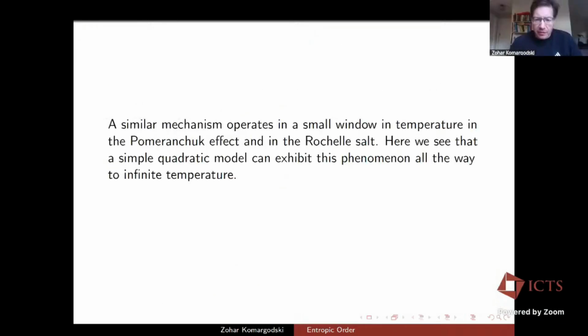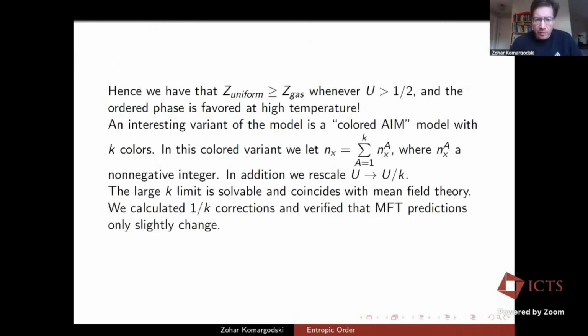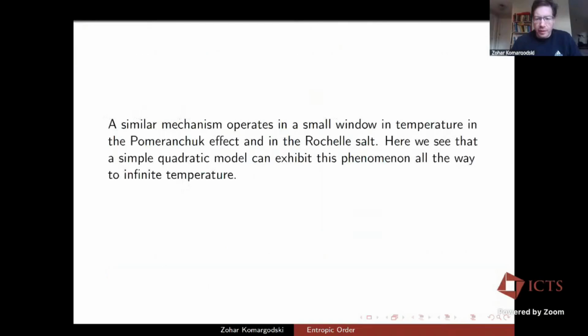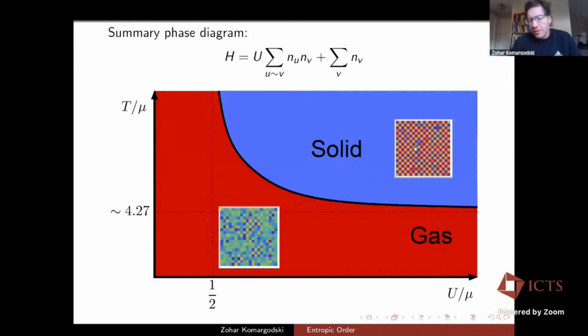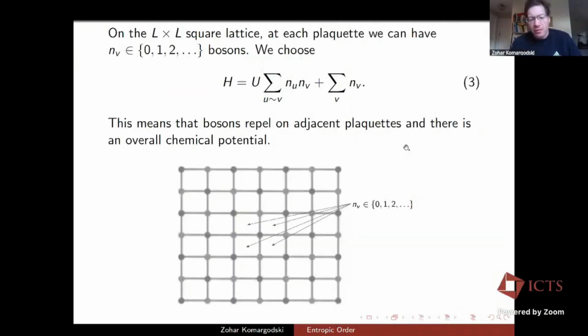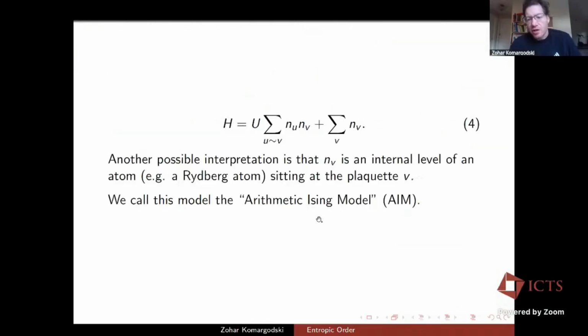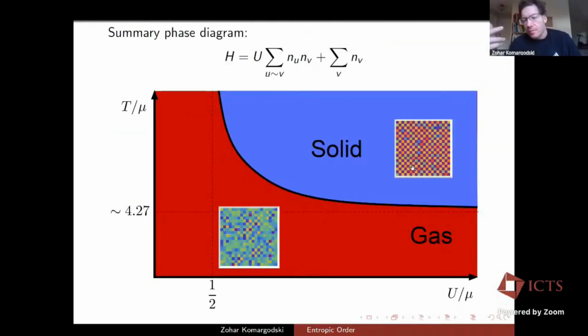I'll just make a small technical comment. In this phase, the checkerboard phase, the original Z symmetry is broken to Z divided by 2, or you can say 2Z. So the original lattice model has a symmetry of translations by any number of lattice sites, just translational symmetry. The checkerboard phase breaks the symmetry to translations by 2 units.